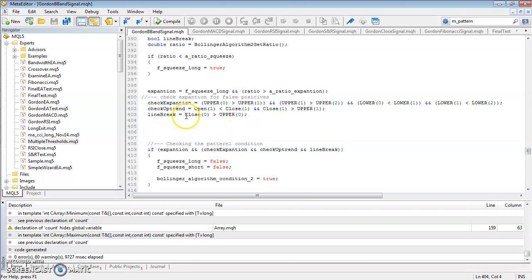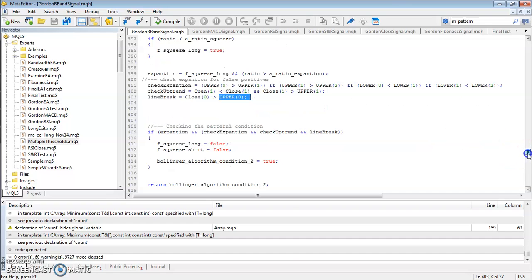He does the same thing where he checks that the close price is greater than the upper. Since we're checking it every tick, close refers to the current candlestick, and when it moves on to the next candlestick, this would become close 1 instead. So it checks the candlestick until it breaks the upper band.